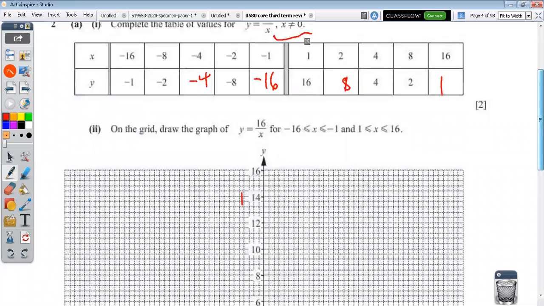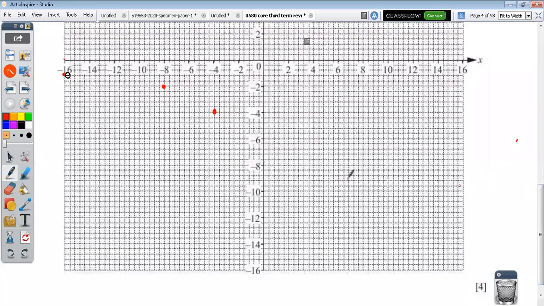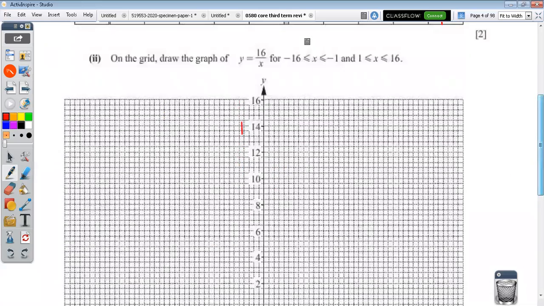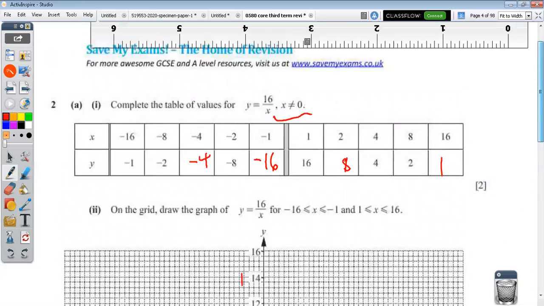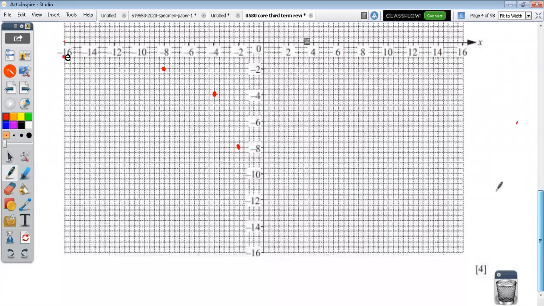Minus 2 minus 8. See what's happening? Then minus 1 minus 16. So if this is one box here, or minus 16 here, this is minus 0,4.